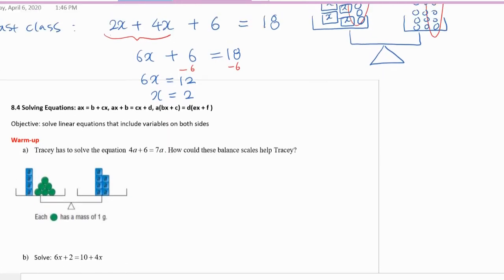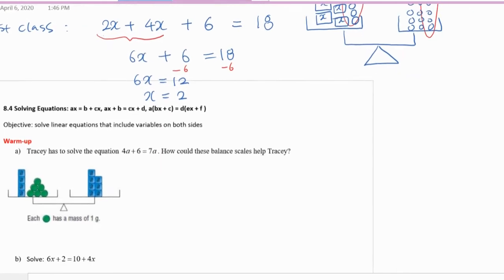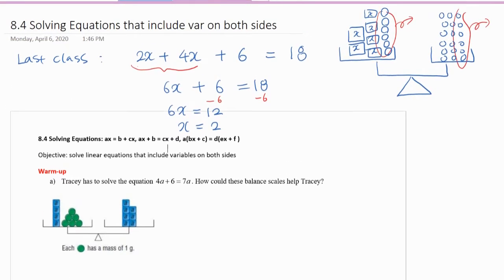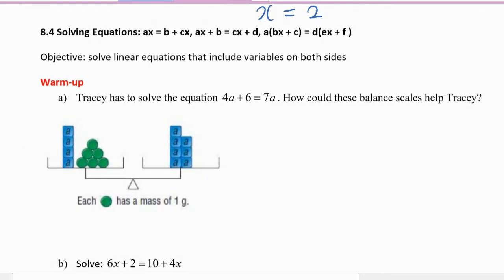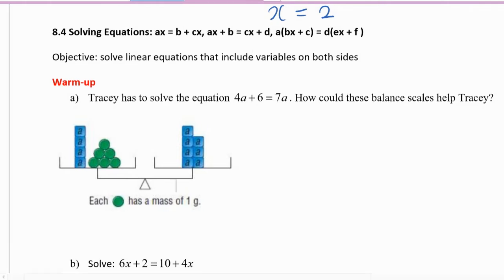Today, we're going to learn how to solve equations that include variables on both sides, on the different sides. Okay, I want you to look at this. Look at the normal question. You have 4a plus 6 equals 7a. So you have a's on the different sides.